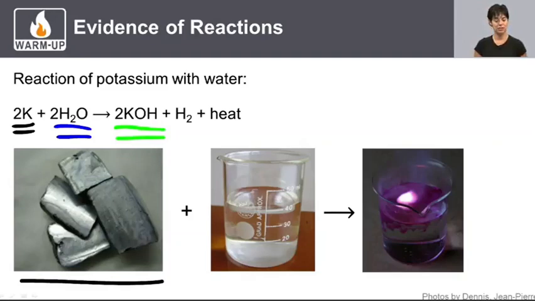Potassium hydroxide and hydrogen gas and a great deal of heat. Now, together, that heat ignites the hydrogen gas, creating a flame and an explosion. Very clear evidence of a chemical reaction.